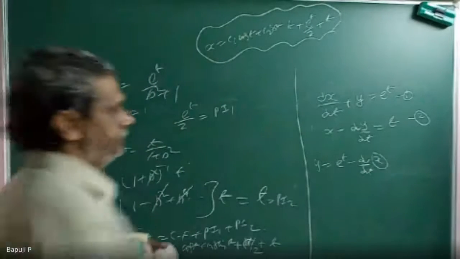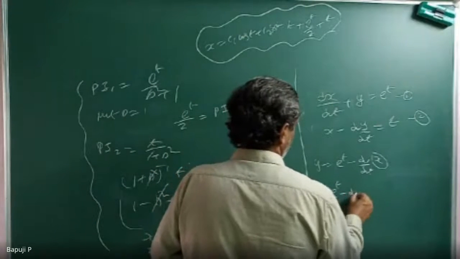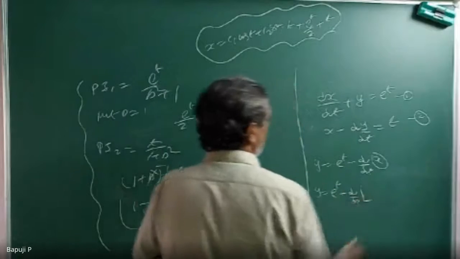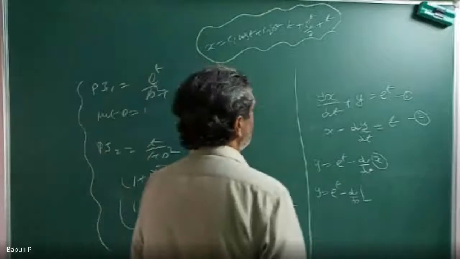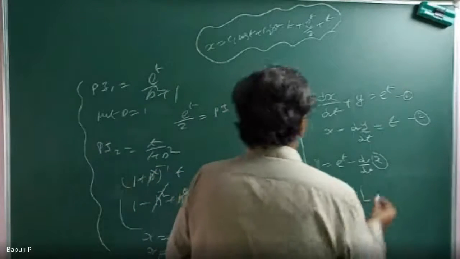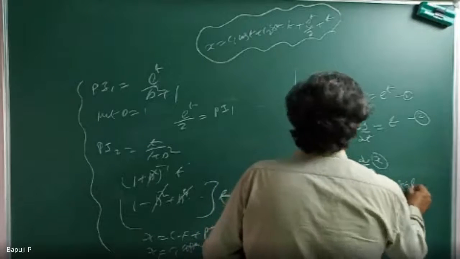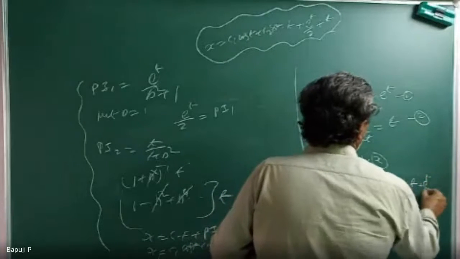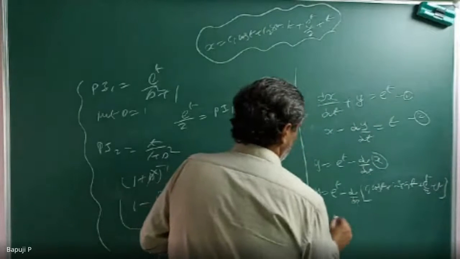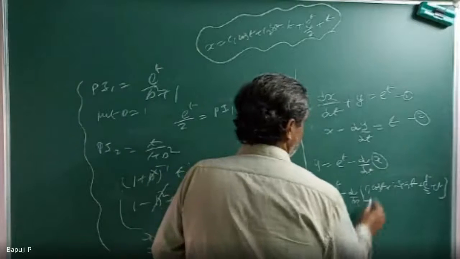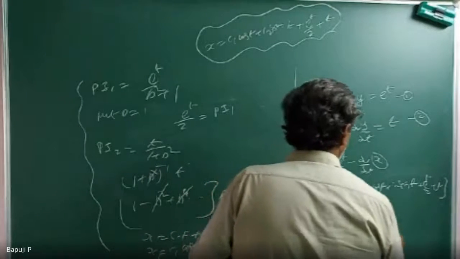Otherwise, another method is that you can also solve for y separately. This is also okay. What is x? x is C1 cos t plus C2 sin t plus e^t/2 plus t. Differentiate, what will you get? y is equal to e^t minus (minus C1 sin t plus C2 cos t) minus e^t/2 minus 1.